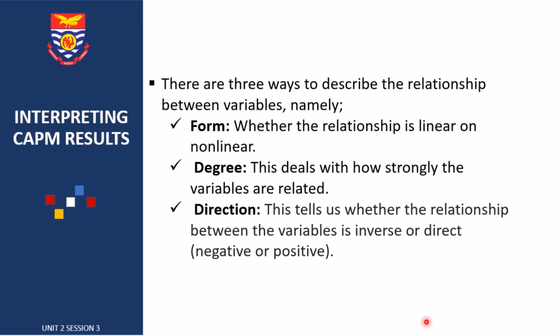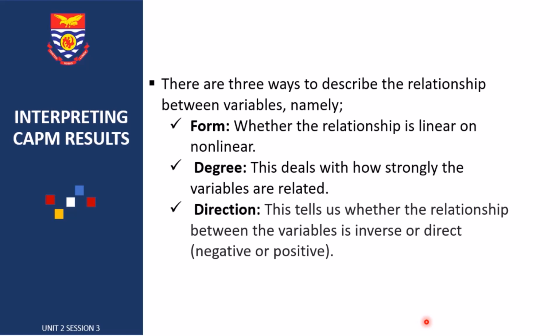The direction tells us whether the relationship is direct or inverse. A direct relationship is like the model that we estimated in this CAPM. For instance, we had a direct or positive relationship, where an increase in the market premium leads to a corresponding or proportional increase in the Ghana Commercial Bank returns. So by direct, we are simply talking about an increase in the regressor or regressors leading to an increase in the regressand.